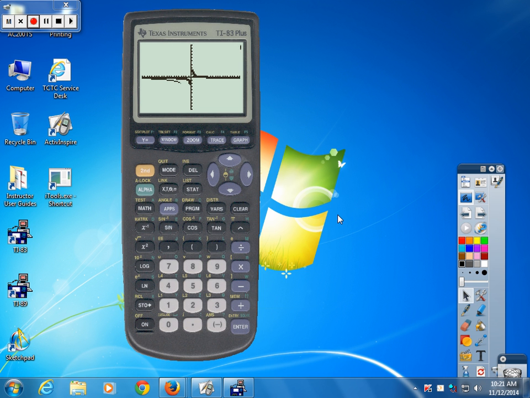There's the parent graph. Okay, it stretched it. Zoom out. No, I'm thinking. Seems like to me.